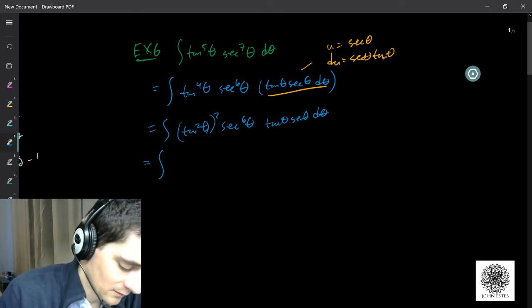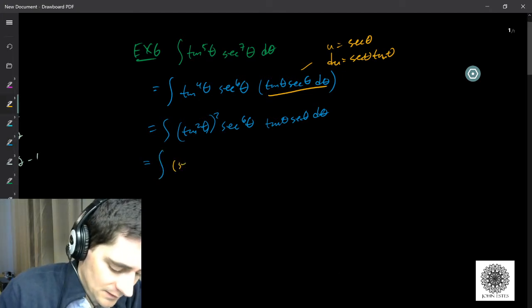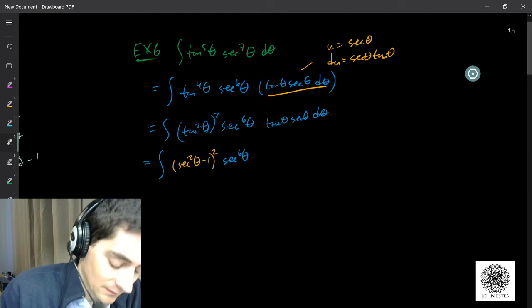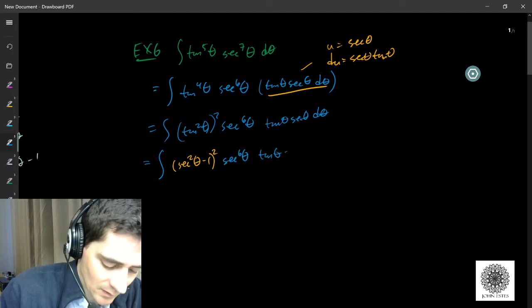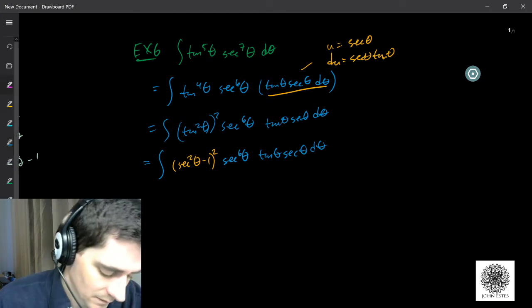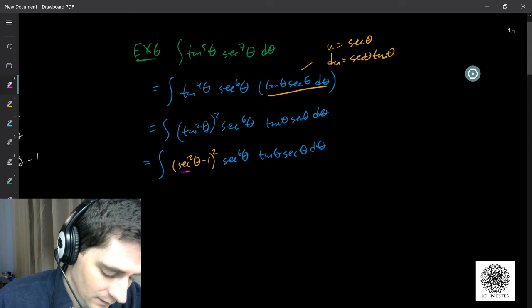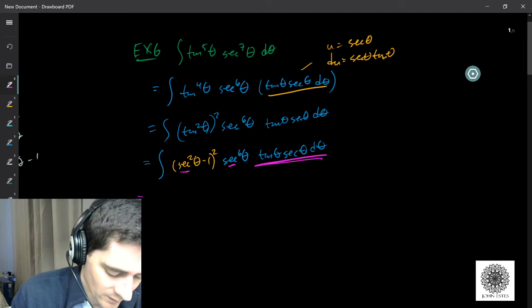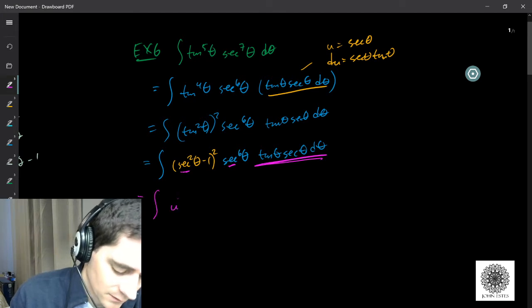Okay, so here I have the integral of secant squared minus 1 squared, and then I have secant to the 6th power times my tangent secant, and now I can apply my U substitution. Again, u is going to be secant, so there's my u, and that's my du. Okay, so I end up now with u squared minus 1 quantity squared times u to the 6th du.